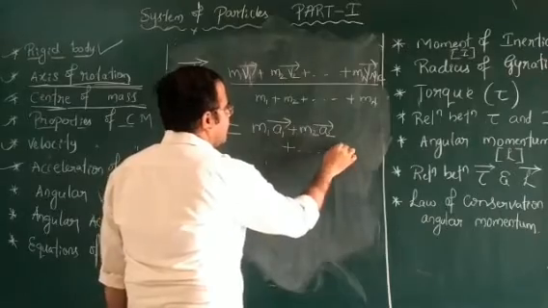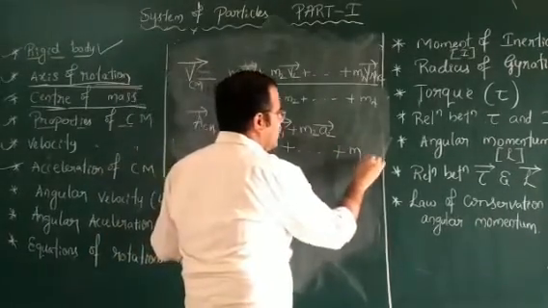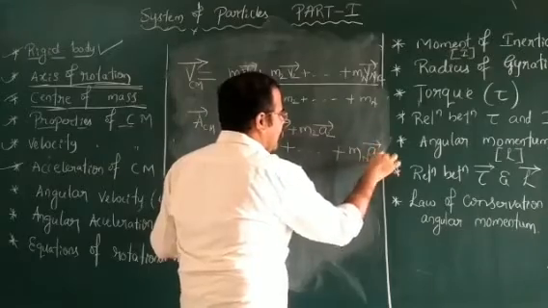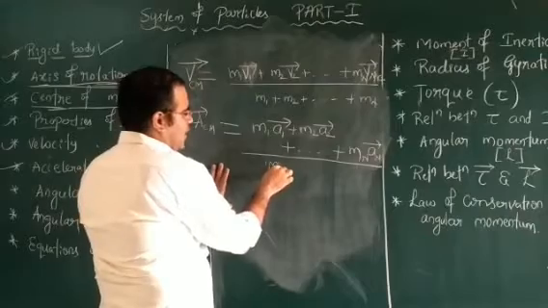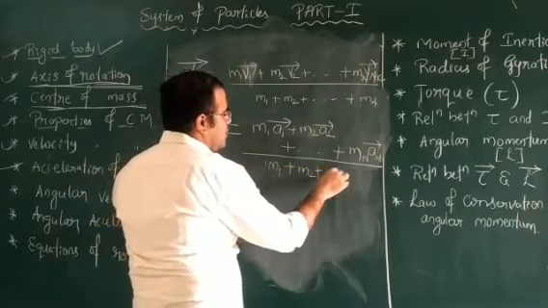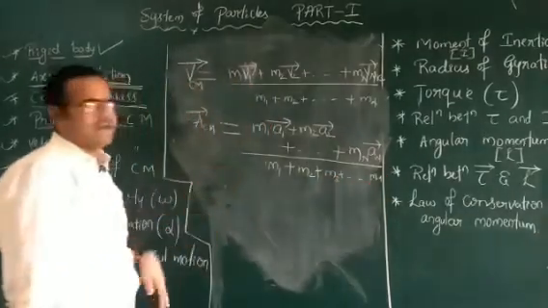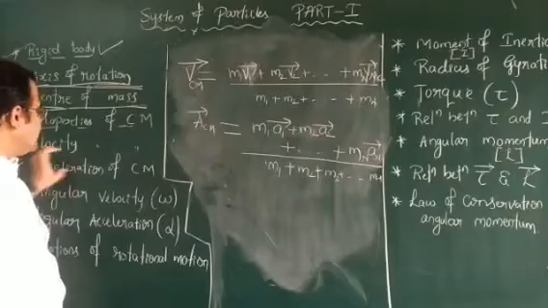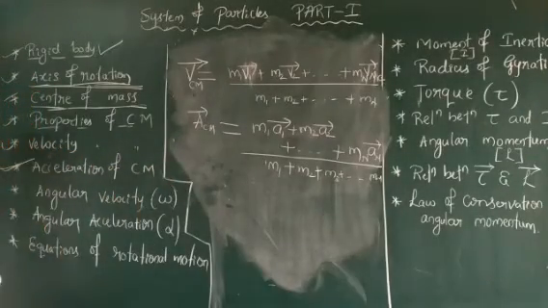Like this, for the nth particle having a mass mn and acceleration an, all divided by the entire mass of the rigid body. So this is the equation corresponding to the acceleration of the center of mass.